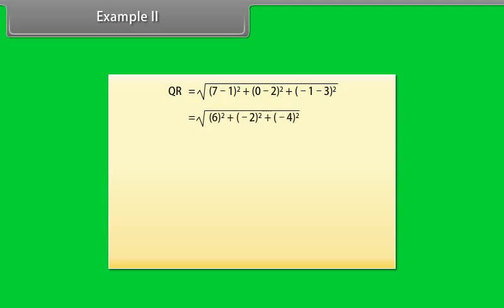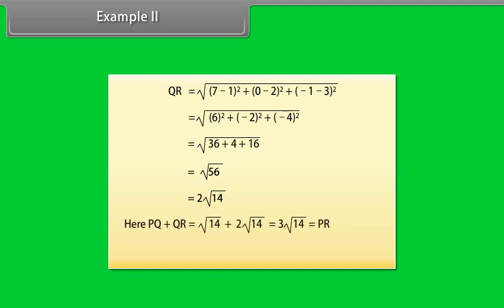After calculating QR, we get 2 into square root of 14. Here, PQ plus QR is equal to square root 14 plus 2 into square root 14 is equal to 3 into square root 14 is equal to PR. Hence, points -2, 3, 5, 1, 2, 3 and 7, 0, -1 are collinear.